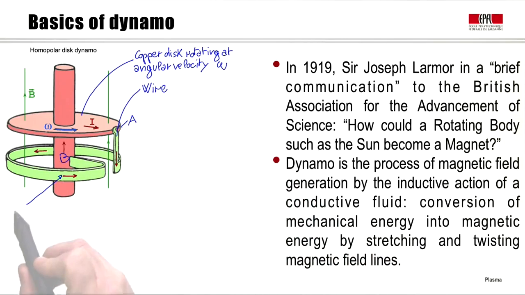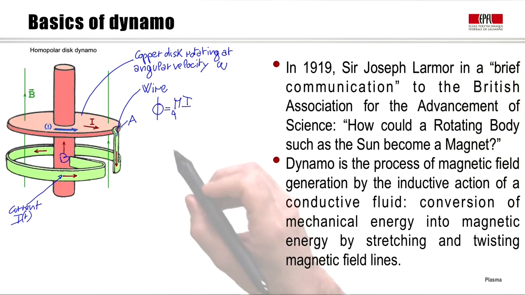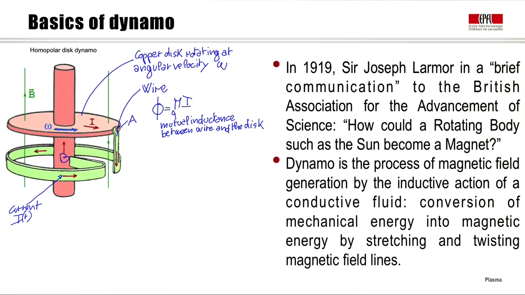This wire can carry a current that we indicate with I, which is a function of time t. The magnetic field associated with this current has a flux phi equal to M times the current I, where M is the mutual inductance between the wire and the disk.